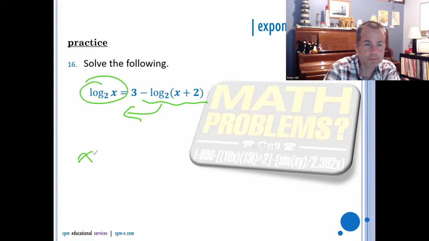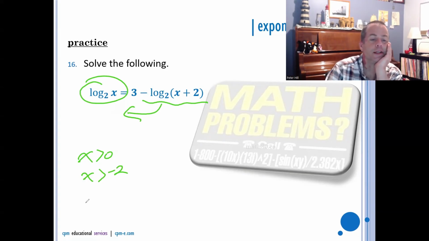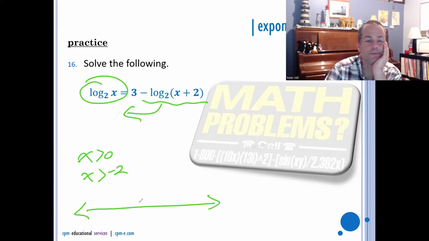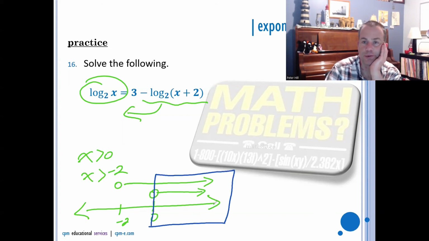This one tells me x has to be greater than 0. This one tells me x has to be greater than negative 2. Now, I want you to think about that for a second. Let me just draw a number line to help you out here. Here's 0. Here's greater than 0. You know what? If I'm going to help you out, I should be mathematically accurate. That should be an open circle. Here's -2, and so I'm looking at that. Overall, my restriction for this has to be x is greater than 0.